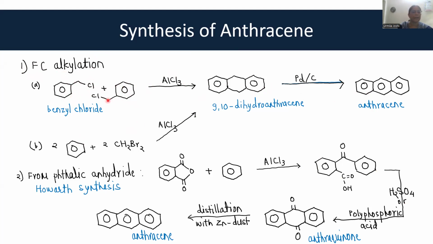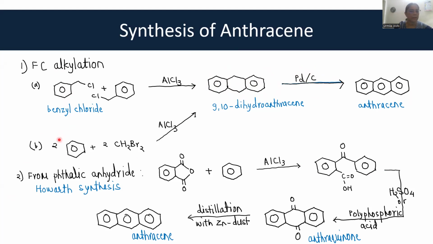Similarly, this aliphatic carbon will be attached to this aromatic carbon, and therefore the resultant product will be 9,10-dihydroanthracene. Now what we need to do? We need to convert this to anthracene, and dehydrogenation occurs using palladium and carbon.